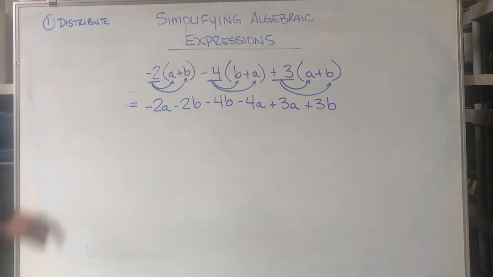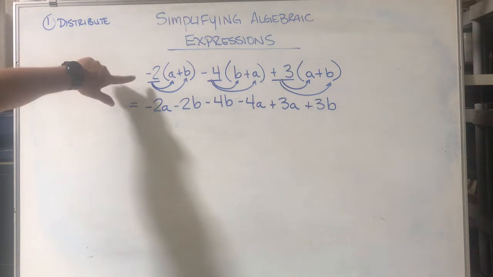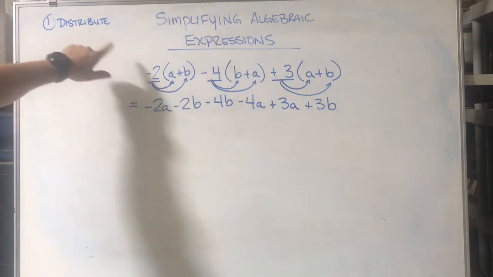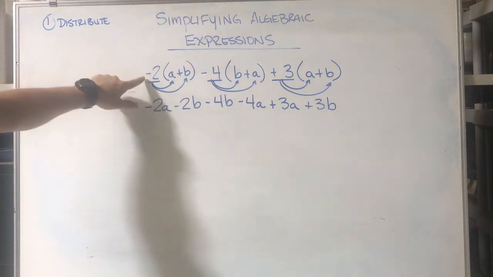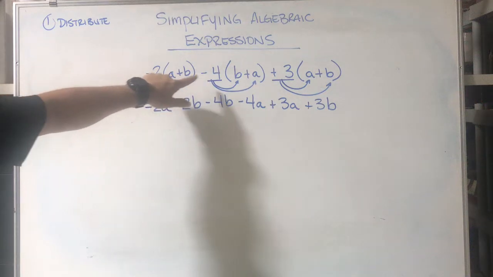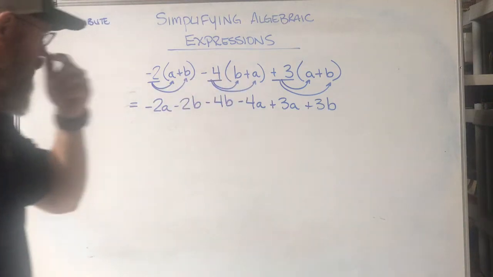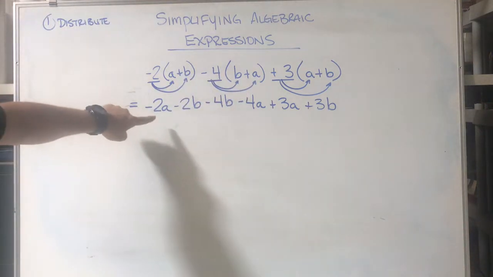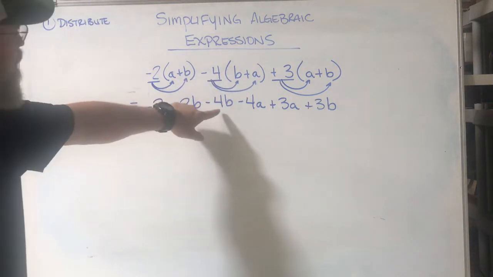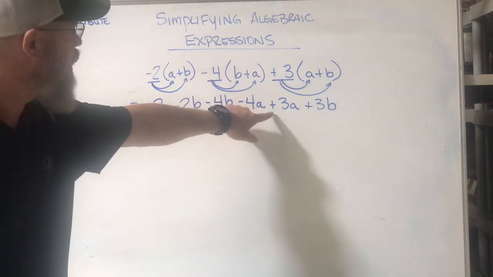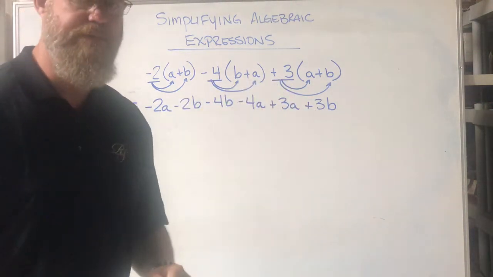Okay? So I just took the algebraic expression, and all I did was I distributed the coefficients to the parentheses. Okay? So now I've got negative 2a, negative 2b, negative 4b, negative 4a, positive 3a, and a positive 3b.